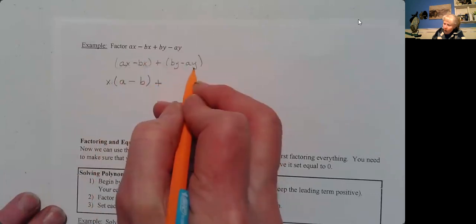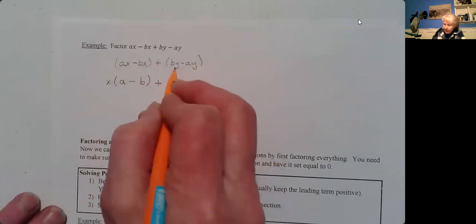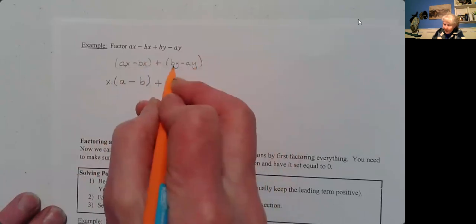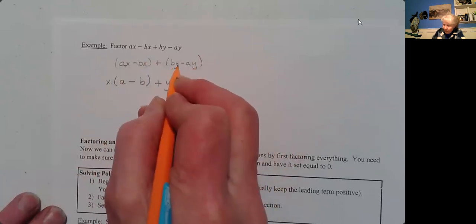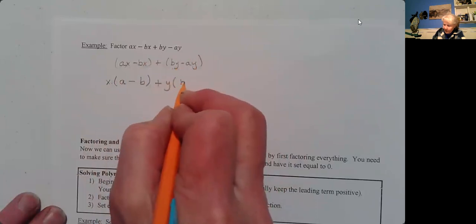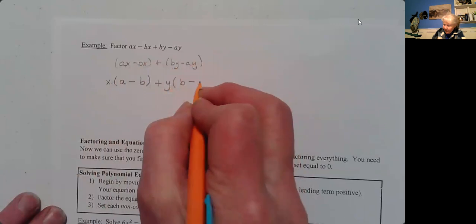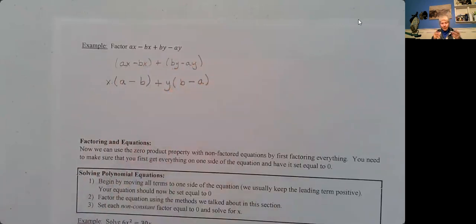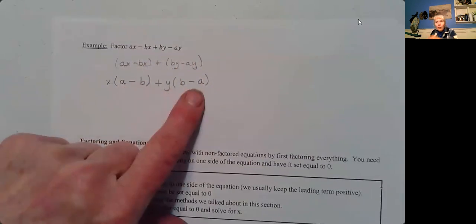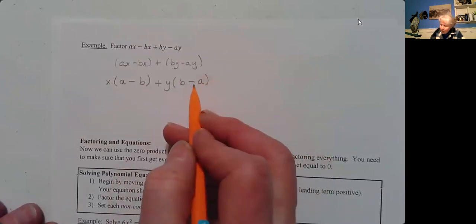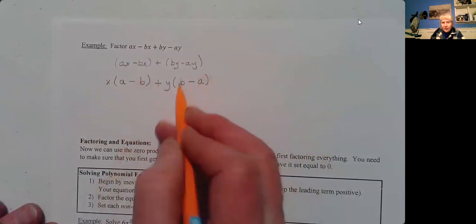Plus. We're going to pull out a y because that's what's in common here, and we're going to have a b, by divided by y is b, minus ay divided by y is a. All right, we have a problem. I have an a minus b and a b minus a. They're opposites. So if I want them to match, I'm going to have to multiply one of these by a -1.